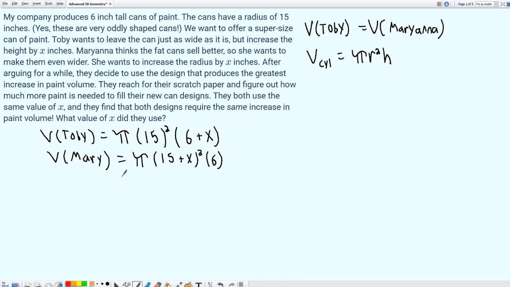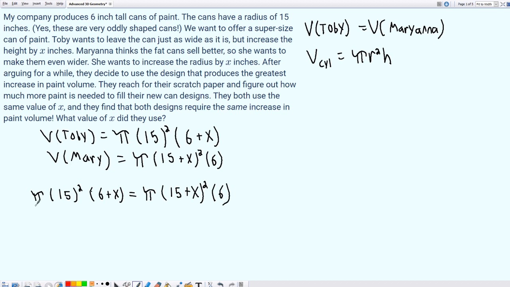And we know at the end of the day, these two formulas are equal, so let's set them equal to each other. So we have pi times 15 squared times 6 plus X is equal to pi times 15 plus X squared times 6.